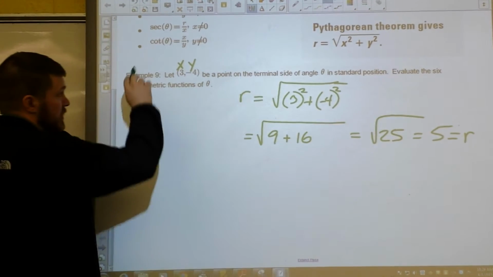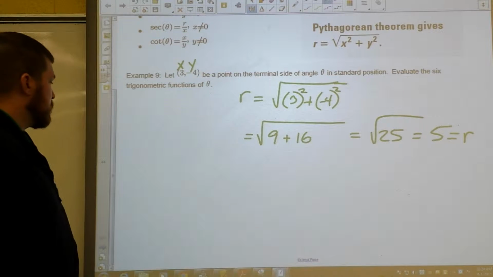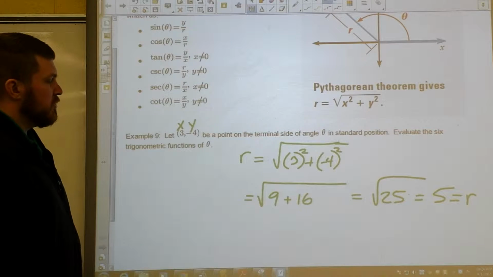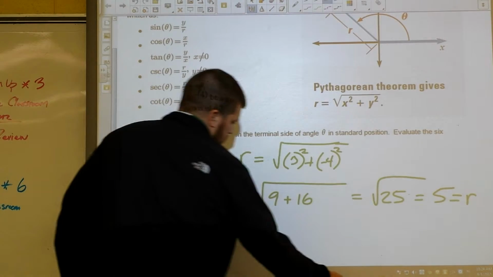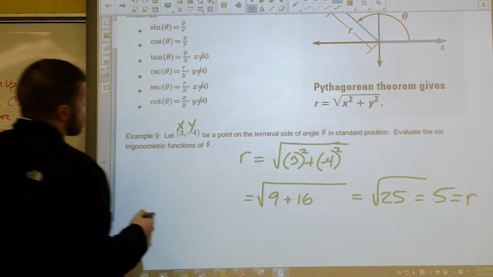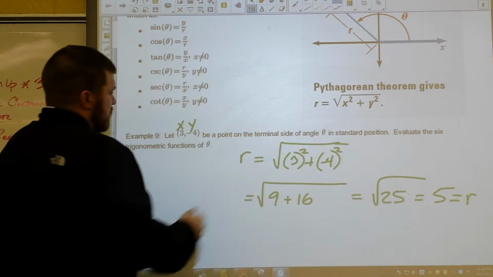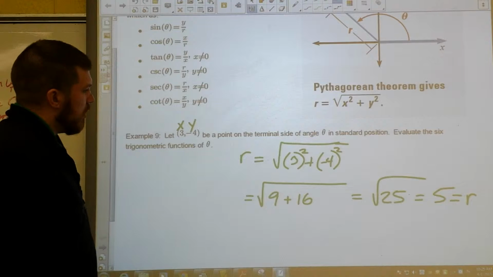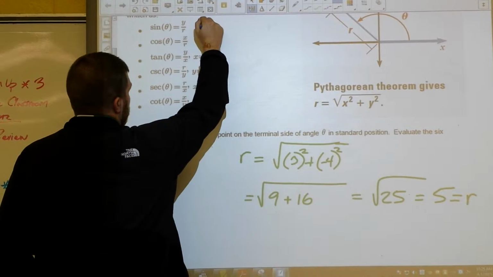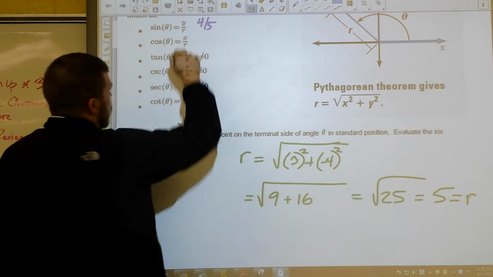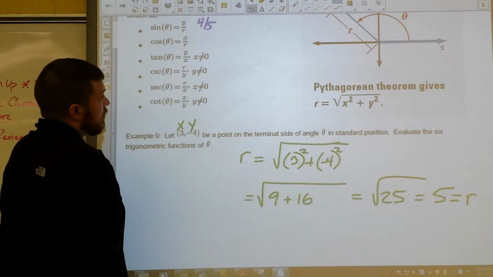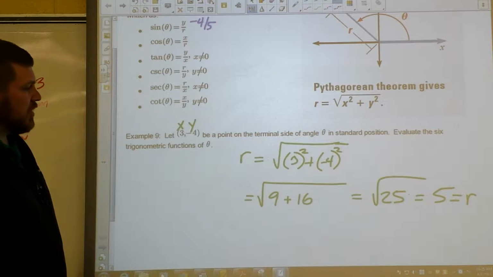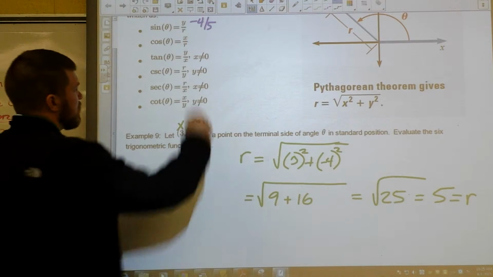Now I'm able to use the rules that we just talked about above in your notes. I'm going to do my 6 right triangle ratios. Let's start off with sine. For this example, I'm just going to do it beside each one. It's y over r, so I have -4/5. For cosine, it's going to be x over r, so 3/5.